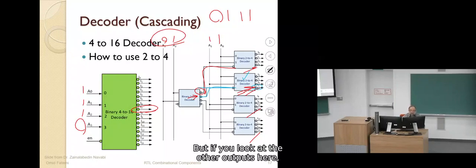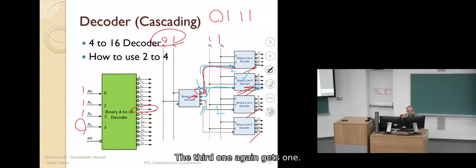But if you look at the other outputs here, they are all inactive. So this is 1, this is 1, this is 1. It means that the first decoder is not active. The second one was active. The third one again gets 1, so it is not active. And this one is not active. So if they are not active, it means that all of the outputs are 1.